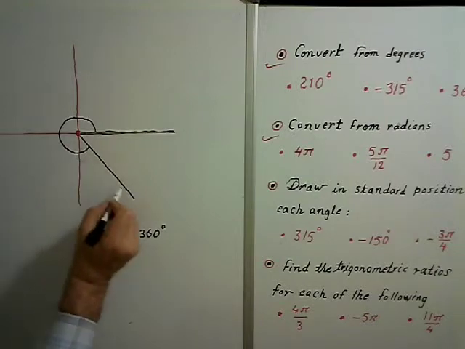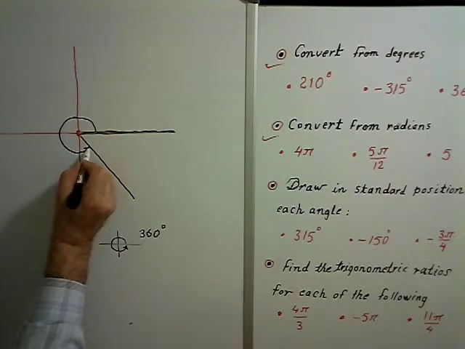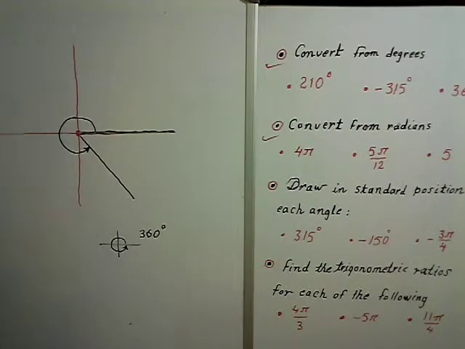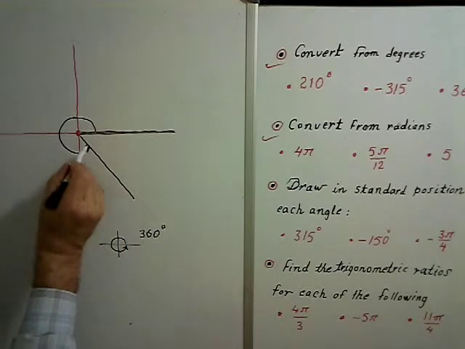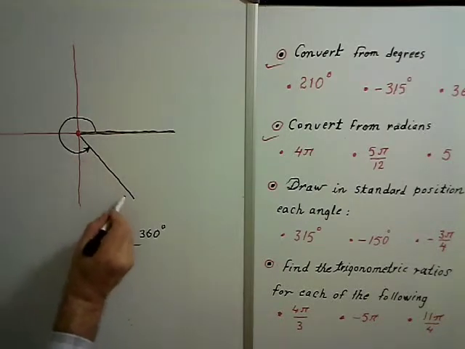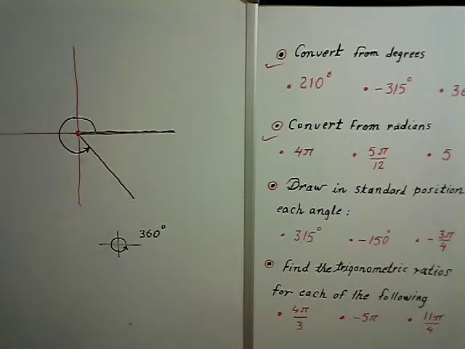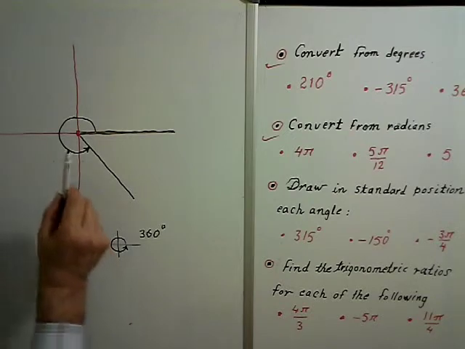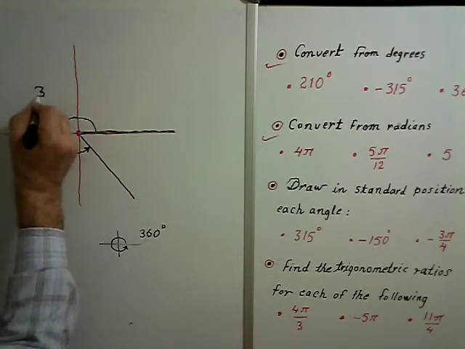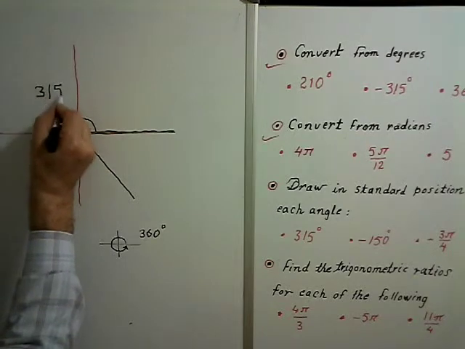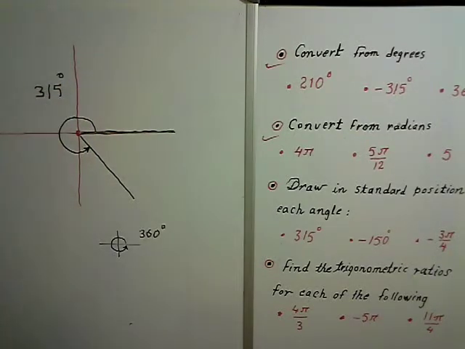We put the sign here to mark that the angle ends at this line, which is the terminal side. So this is the angle 315 in standard position. Okay?